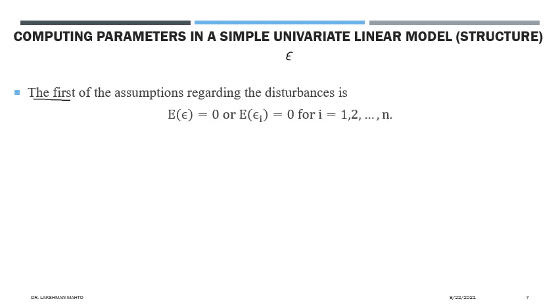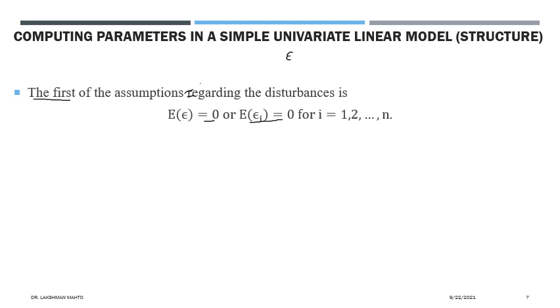The first assumption on the distribution is that they have an expected value of 0. That is, we say that the expectation of this disturbance epsilon is equal to 0, or if you take the individual disturbance error with respect to each sample, then those individual disturbances also have expectation 0, because we know that from the n dimensional vector, if that one is 0, then the component would also be 0.